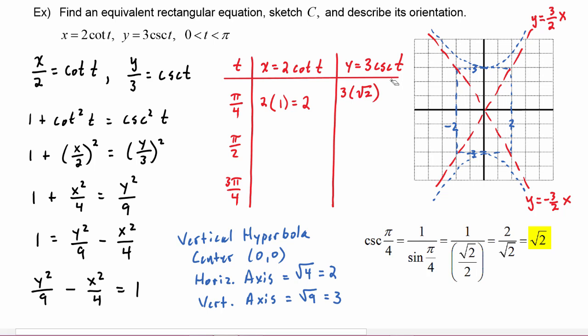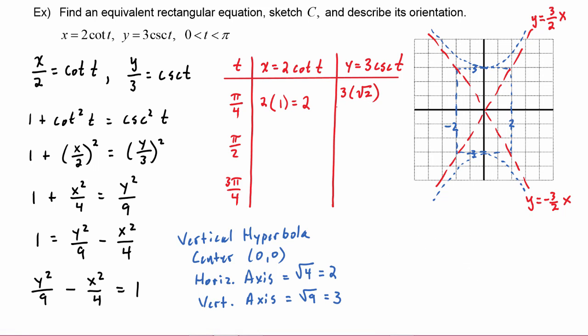So the cosecant of pi over 4 is radical 2. Now radical 2 we know is about 1.4, so we're doing 3 times 1.4 to approximate it here, which is 4.2.